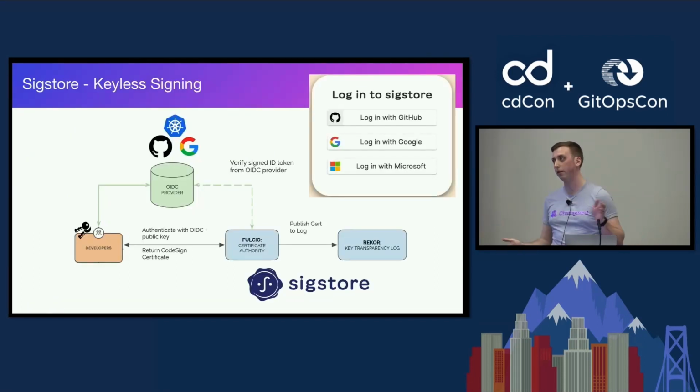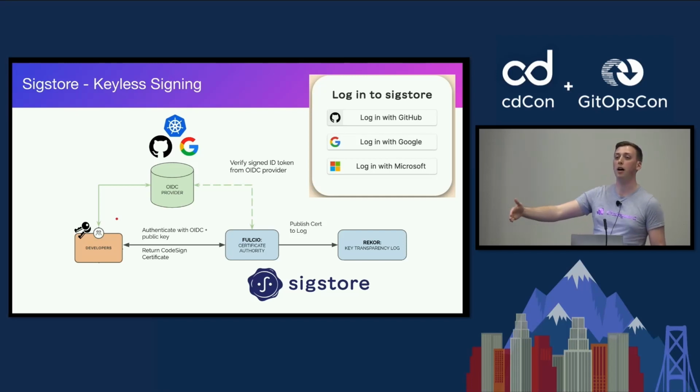So how does this work? There's a few different pieces that work here. It all starts from the tooling, whether this is Cosign, NPM, Gitsign, it all starts from a client. And what we're really doing for identity is we're relying on OIDC, OpenID Connect, which is a layer on top of OAuth. And so what we're doing here is the tool's going off and saying, hey, I need to get an ID token.